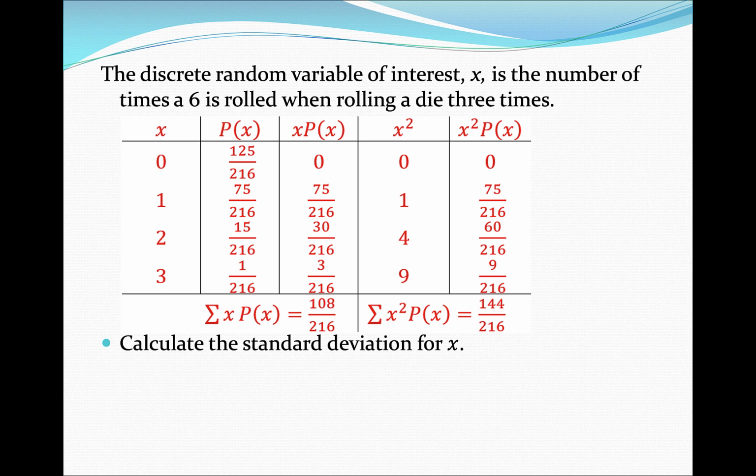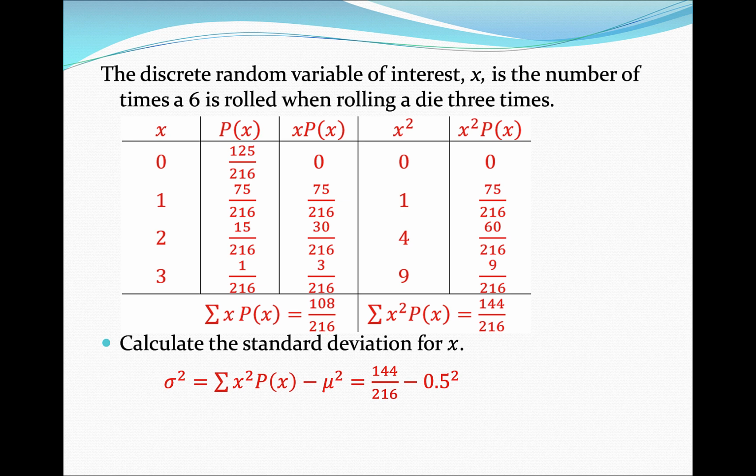Here you would get 0 times 125 over 216. That's 0. 1 times 75 over 216. That's 75 over 216. 4 times 15 over 216, that gives you the 60 over 216. And 9 times 1 over 216, that gives you the 9 over 216. So you see that column of x squared times p of x values. And then we're going to sum that column. If you sum that column, you will get 144 over 216.